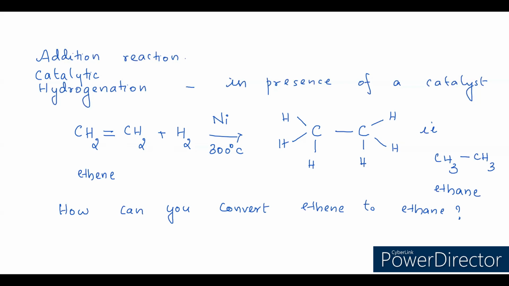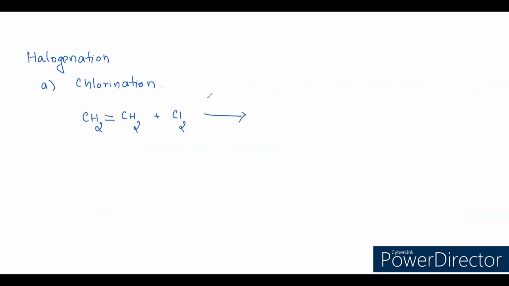Moving on with some more examples for addition reactions, you can add halogen, which is termed as halogenation. You can add chlorine, bromine, or iodine. Suppose you are adding chlorine. Process is called chlorination. Take ethene, CH2 double bond CH2, treat it with chlorine in presence of carbon tetrachloride.